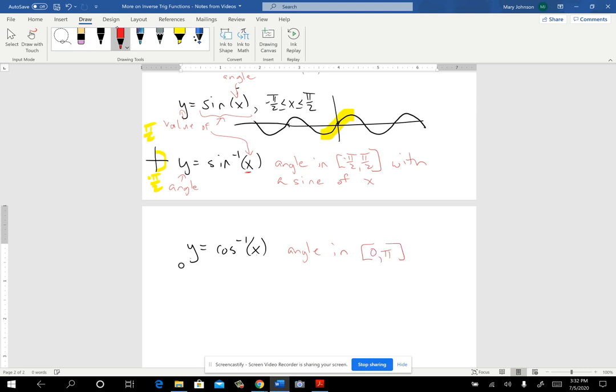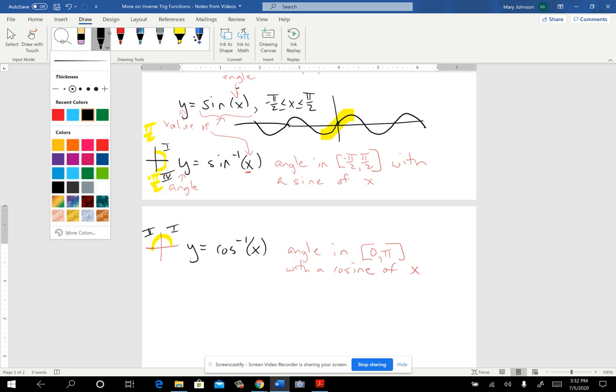So when you're doing the inverse cosine of some value, you need an angle in the region from 0 to pi with a cosine value of x, okay? So that would mean that on the unit circle, we're talking about the first or second quadrants, right? So this is the first or the second quadrant, and with sine, it was the first or the fourth, okay?